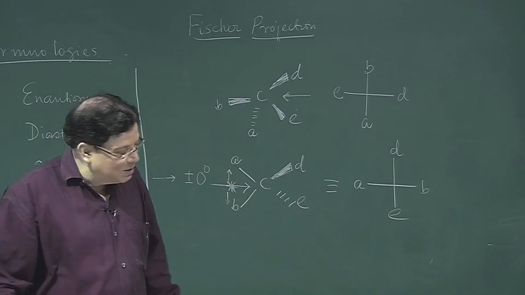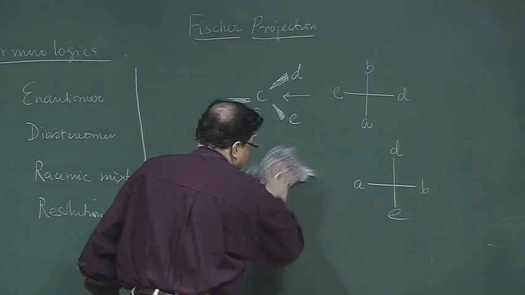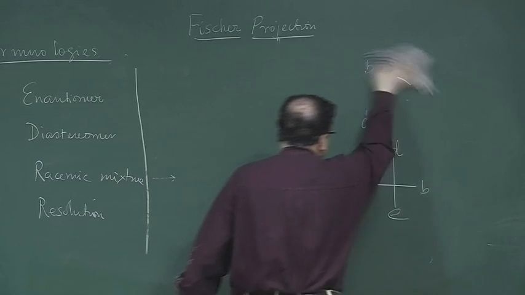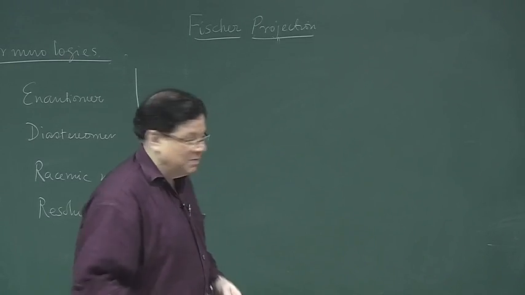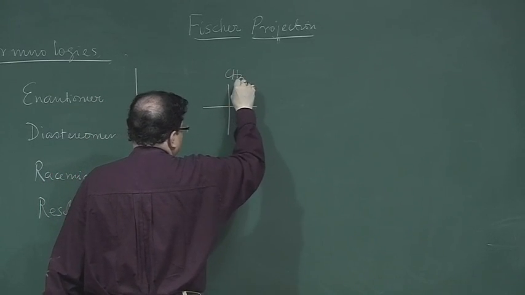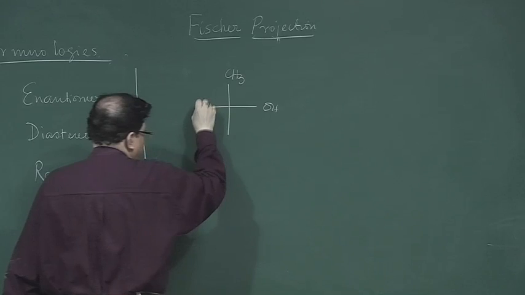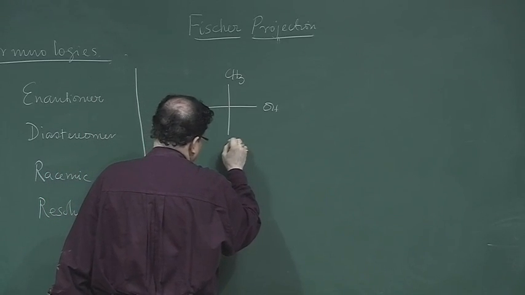Okay. Now, this Fischer projection formula has certain restrictions. Restrictions means you cannot just rotate the formula at your will. Suppose you have a Fischer projection formula where there is a methyl, there is a Wedge, there is a hydrogen, and there is an ethyl group.